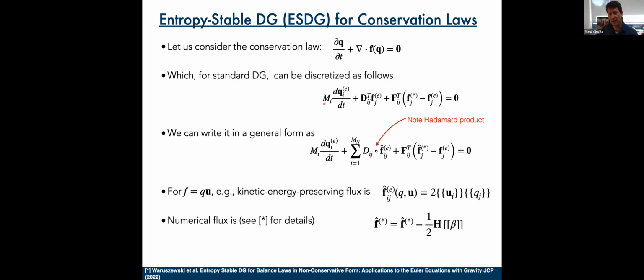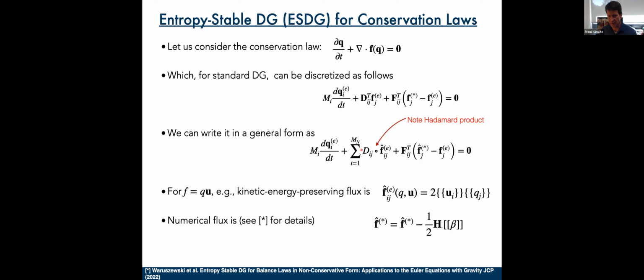And then the difference between the standard discontinuous Galerkin method and what is known as this entropy-stable DG method is that you rewrite this in a way that the actual flux values are modified, right? And so the flux is modified in this term here, which we call the volume flux term, because this requires a full integral inside the entire element, whereas the flux term or the surface integral term, right, is only the boundaries of the element, right?